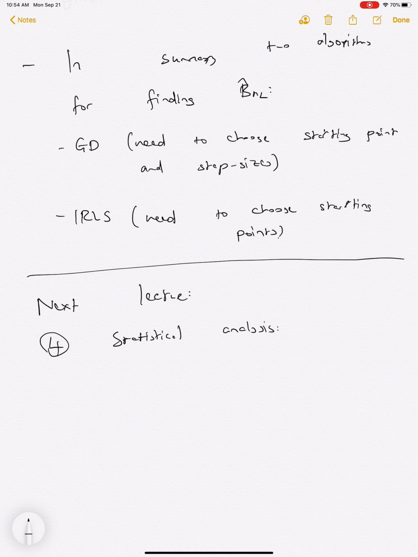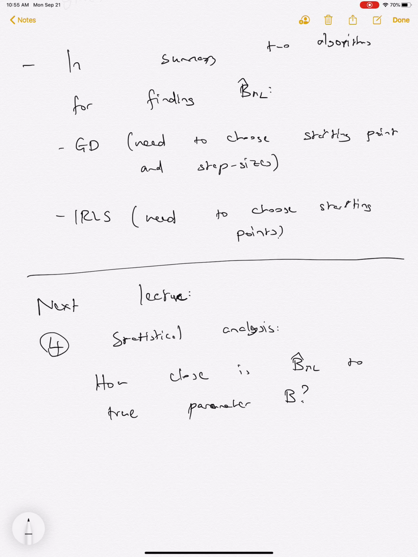It addresses the question of how close beta hat ML is to the true parameter B, because we want beta hat ML to be close to B. That's the main idea, and there are various metrics we can use for that. We're going to discuss that in the next lecture. So that will round off all 4 components of the framework.